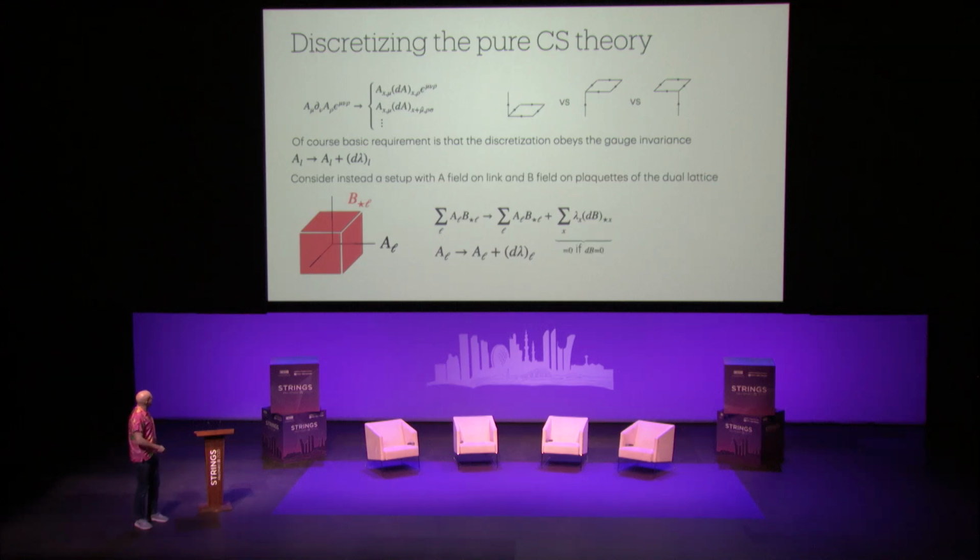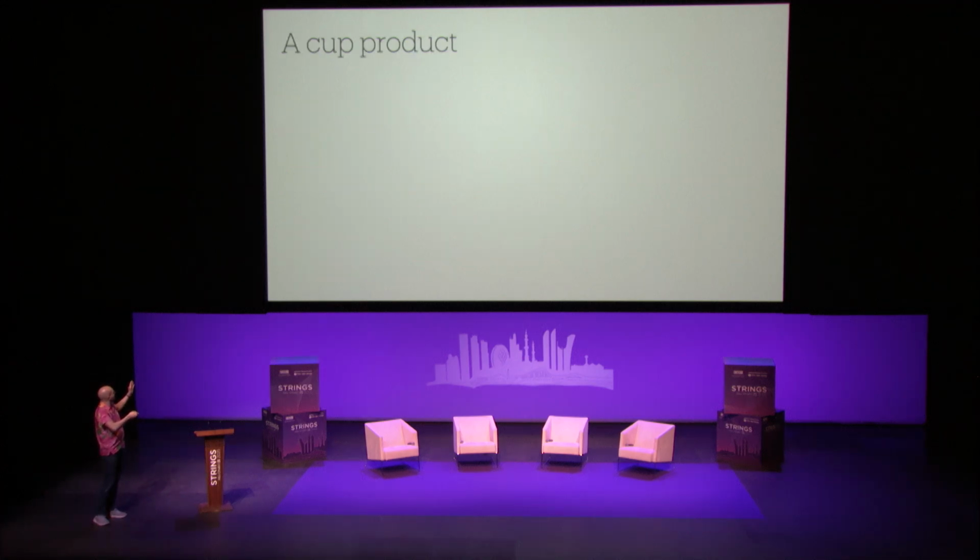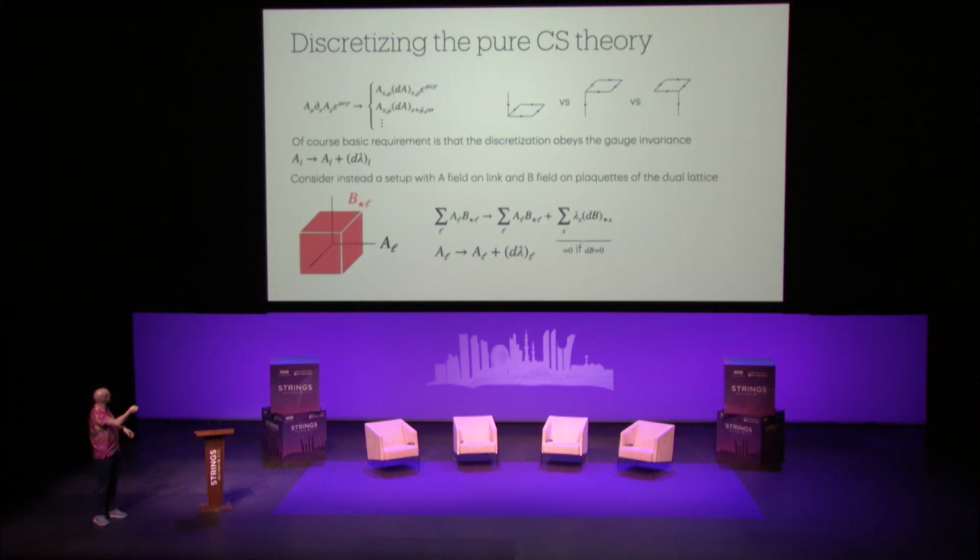Okay? So then when you have a cubic lattice, for us dA is supposed to play the role of B, which is on the original lattice, and A is also on the original lattice.